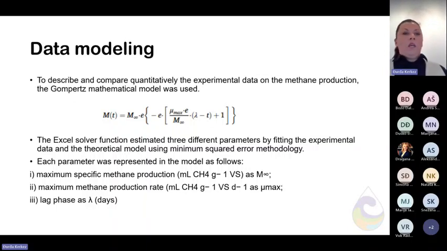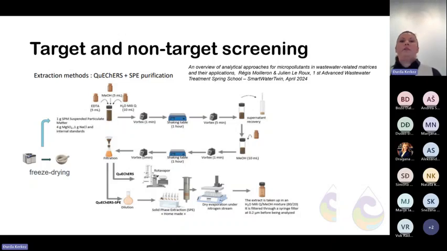Concerning target and non-target screening, this is a scheme of the extraction method by QuEChERS and SPE purification. As you can see, it starts with 1 gram of freeze-dried sludge solid, and there is addition of different salts and different solvents.